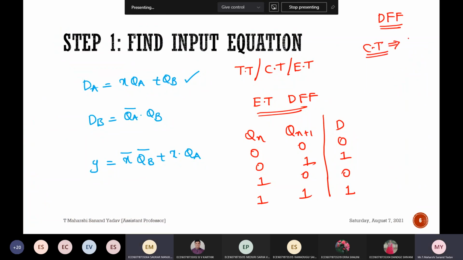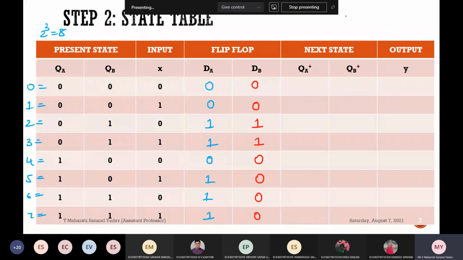From the characteristic table, if we solve, we get the characteristic equation. What is the characteristic equation for D flip-flop? Qn plus 1 is equal to D. This is the characteristic equation for D flip-flop. If you don't remember all these tables, you can't solve even a single problem for this analysis followed by synthesis also.